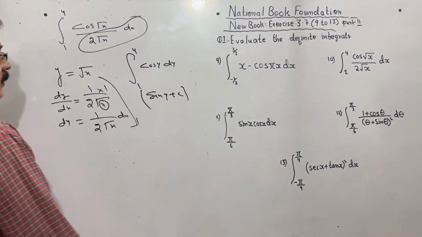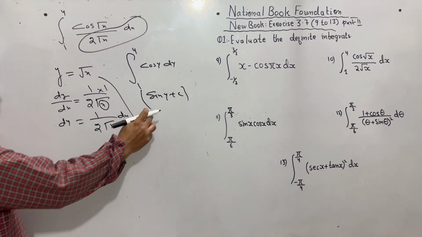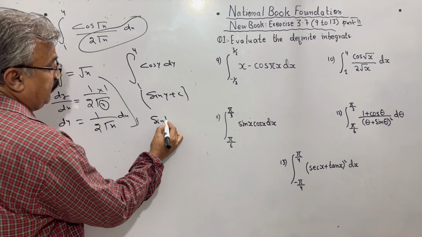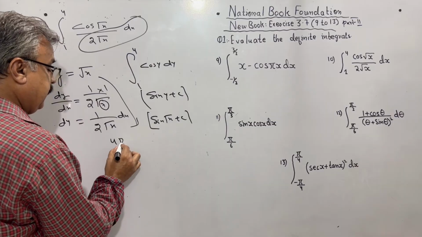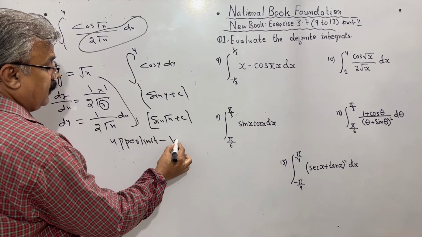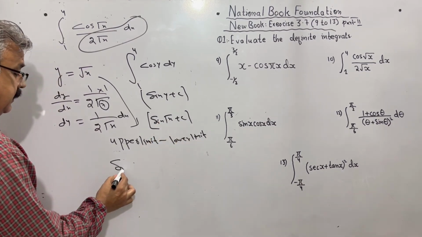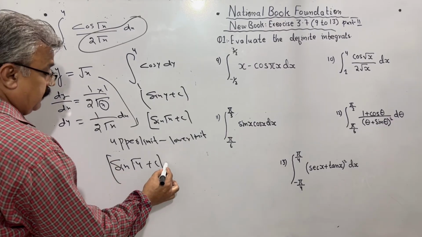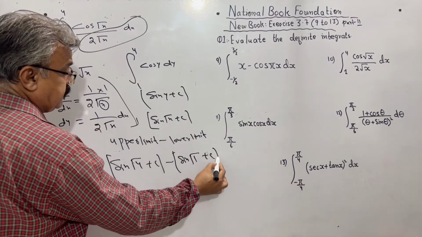Then the limit. Before putting the limit, you should go back to the given variable, that's x, and we have assumed that y is equal to root x. Instead of y, we can plug in root x plus c. Now the upper limit minus the lower limit, as the definition demands: sine root 4 plus c minus sine root 1 plus c.